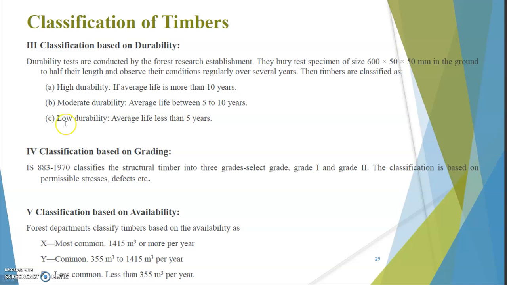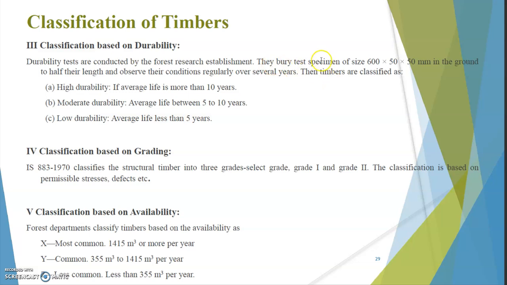Then classification based on durability. How long a particular type of timber can withstand external conditions, whether higher temperature, lower temperature, higher humidity, whatever it may be. So how do people identify the durability of timber?